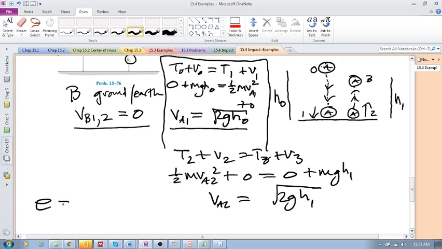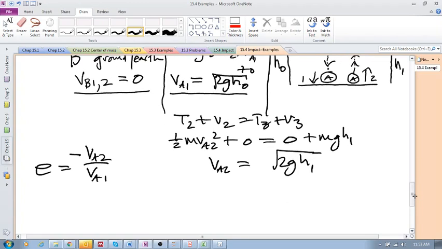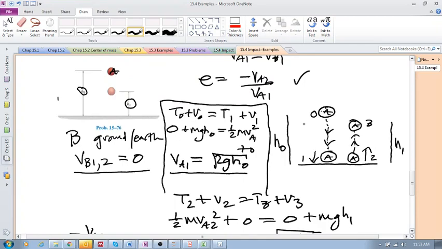So E, which was minus VA2 over VA1, is then equal to... we can choose up as positive, because remember these are vector equations. We need to choose a positive direction. The height was positive upwards, and so the velocity needs to be positive upwards.